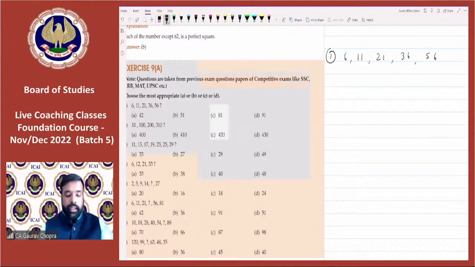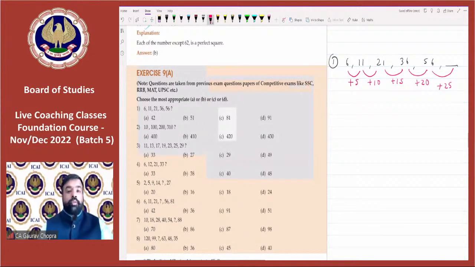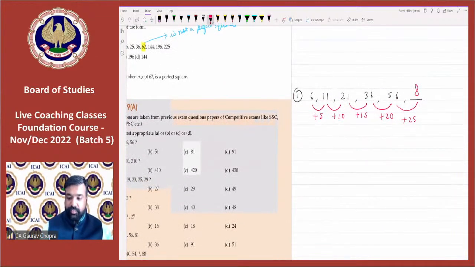And then we have to find the next number. So from 6 to 11, we can see that we are having plus 5, plus 10, plus 15, plus 20. So the next number will be plus 25. So what is 56 plus 25? It is 81. So the correct answer is 81.